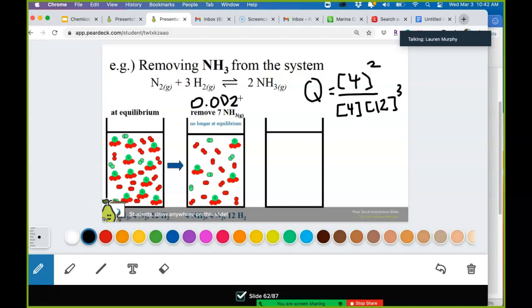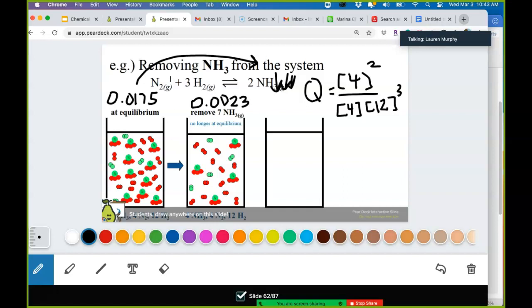0.0023. And the original equilibrium constant was 0.0175. Now, conceptually, if I remove some of this from the system, now I don't have enough. So the equilibrium should shift back this way to get some of it back.